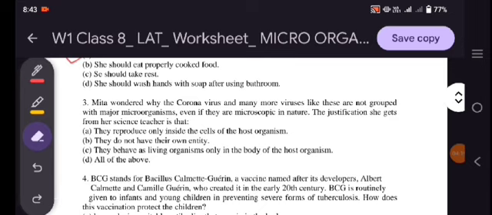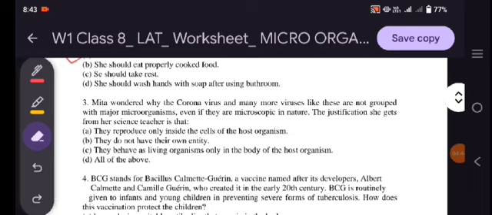Option A: they reproduce only inside the cell of the host organism. Option B: they do not have their own entity. Option C: they behave as living organisms only in the body of the host organism, and D: all of the above.